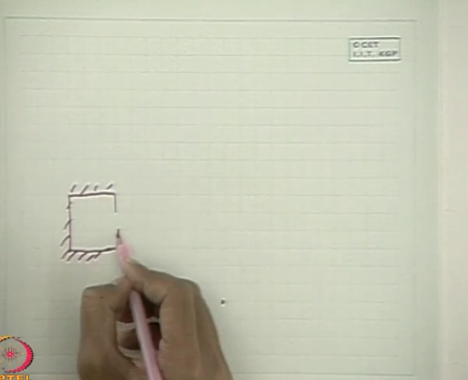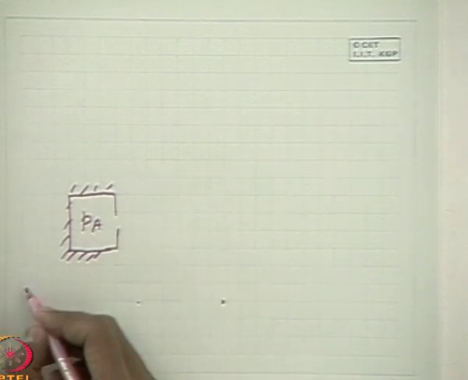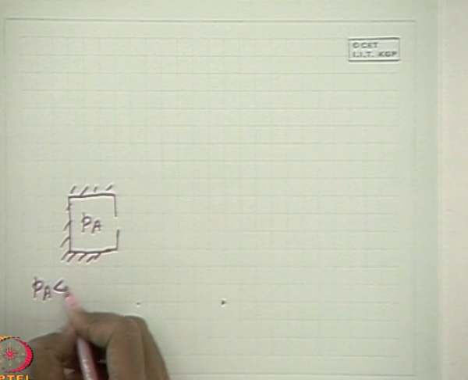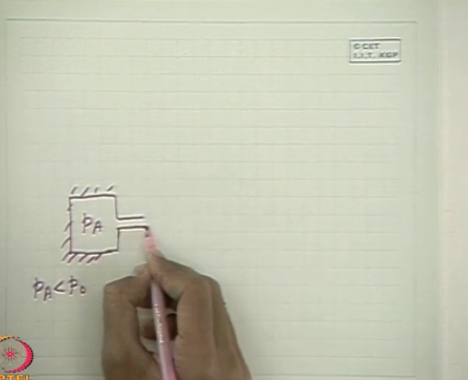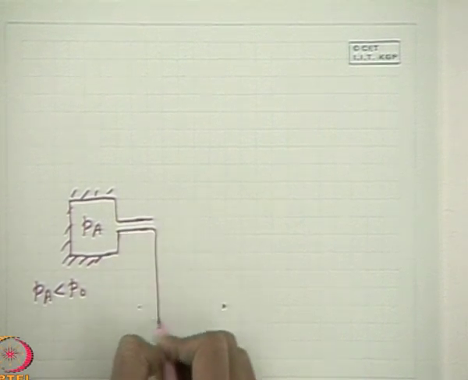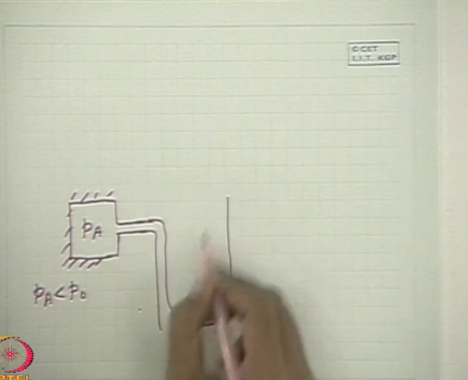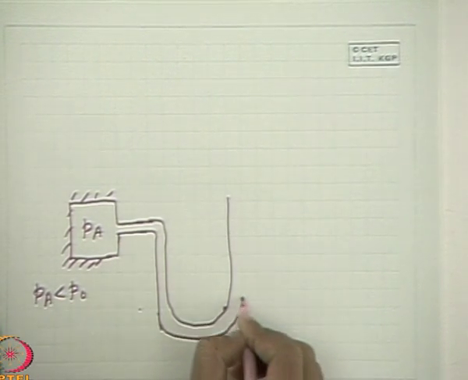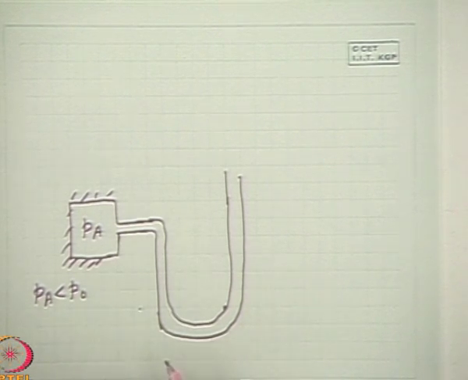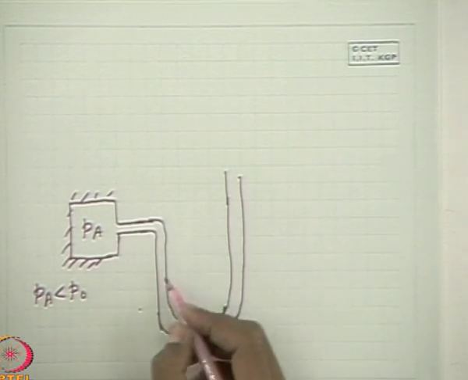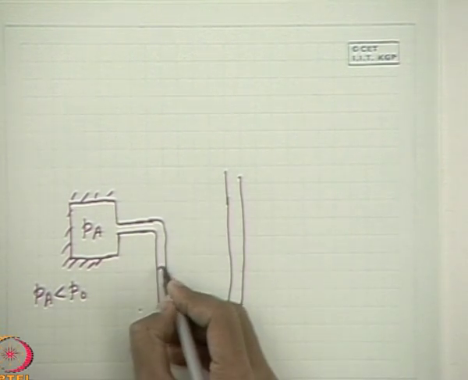The manometric liquid or manometric fluid will adjust. Now if the Pa is less than P0, atmospheric pressure, what will happen? If I attach it to a manometer, that is a transparent U tube, and this Pa is less than P0, then the atmospheric pressure will be more. Therefore this tube will adjust like this.